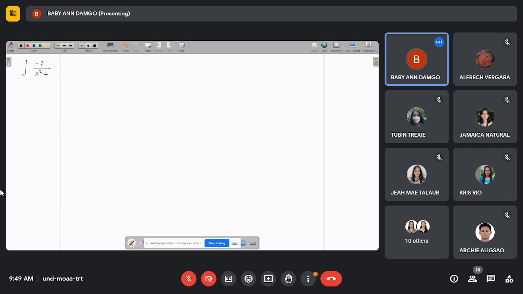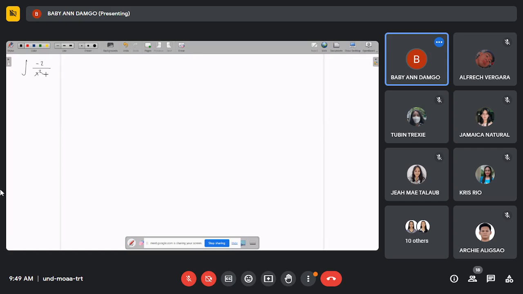First we need to factor the denominator. So x squared minus 1 is x plus 1 times x minus 1. So this can be written as a over x plus 1 plus b over x minus 1.